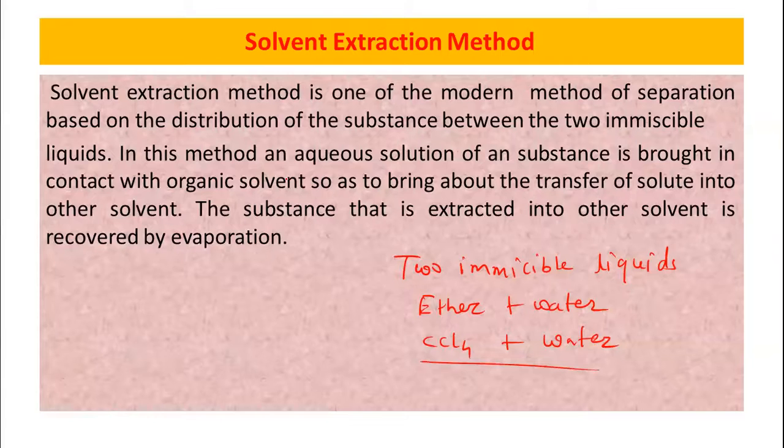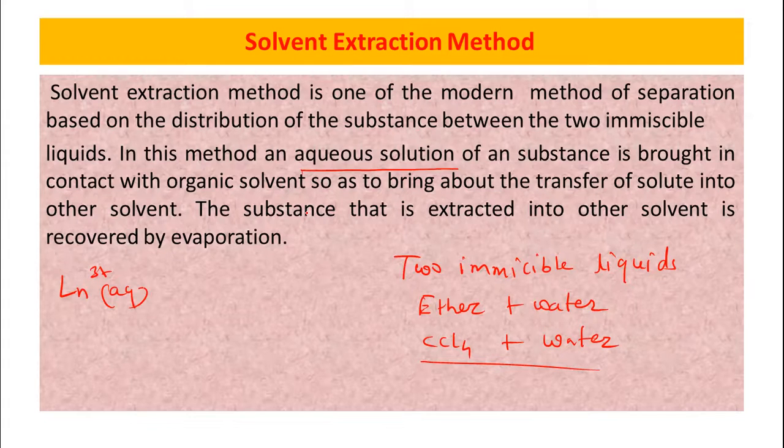In this method, an aqueous solution of a substance is brought in contact with an organic solvent, so as to bring about the transfer of solute into the other solvent.